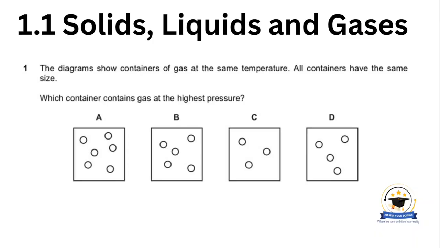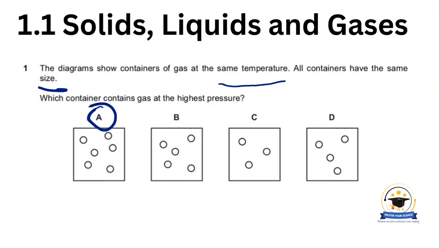The key things to note here is that the gas is at the same temperature and it is in containers of the same size. Therefore, the container with the highest pressure is the one with the highest number of particles in a given volume, and that is container A.